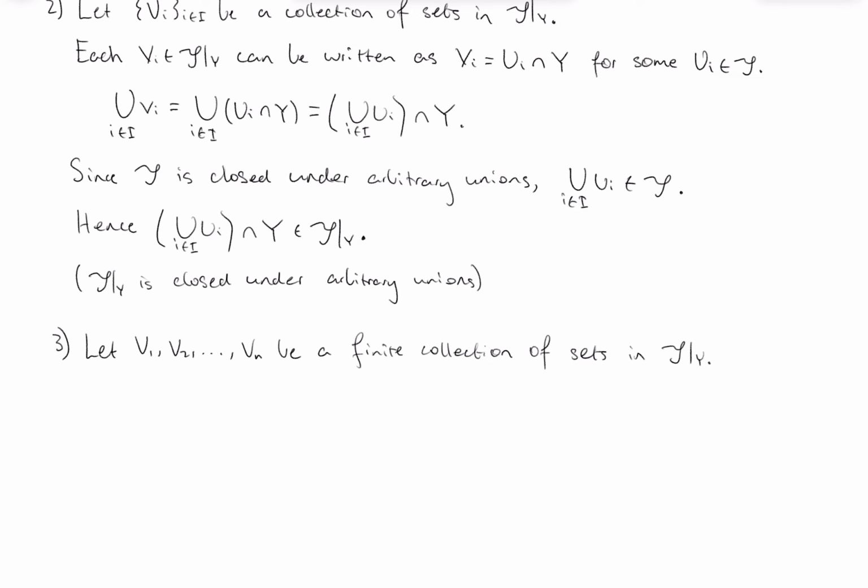So each Vi in the subspace topology can be written as, so we know this already, Ui intersect Y for some Ui in the topology.